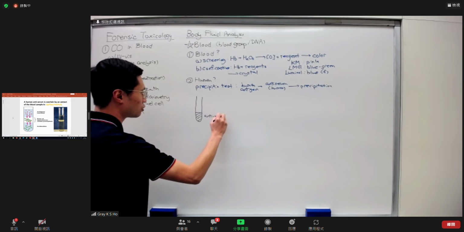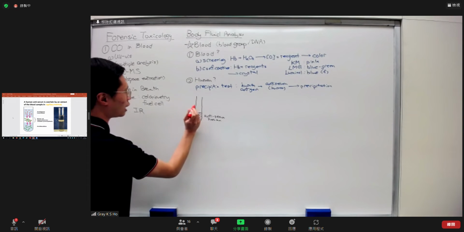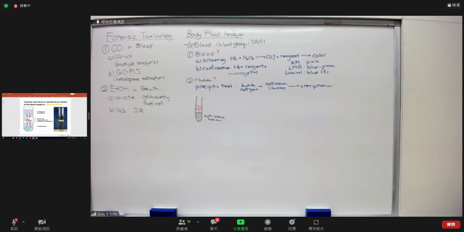On top of it, we add in our blood sample. So we add the two reagents one by one, one over the other.